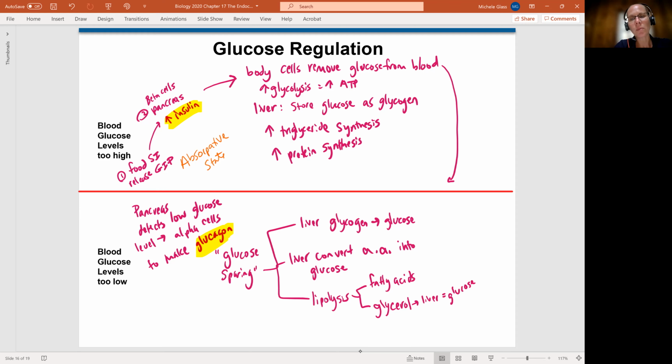And so if we're breaking down our glycogen reserves and releasing glucose at the liver, if we're converting amino acids into glucose at the liver, if we're converting glycerol into glucose at the liver, and if we're telling all of our body cells to switch to breaking down fatty acids to make ATP, then we're effectively increasing our glucose levels in terms of maintaining your blood glucose levels and also providing glucose for your neurons, which prefer glucose.